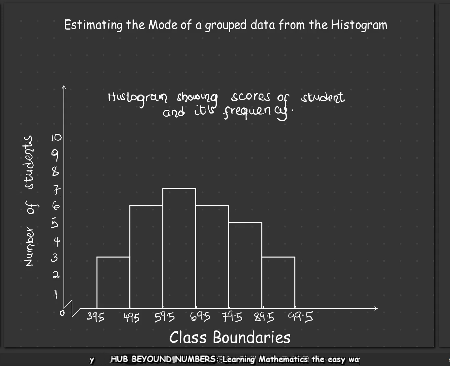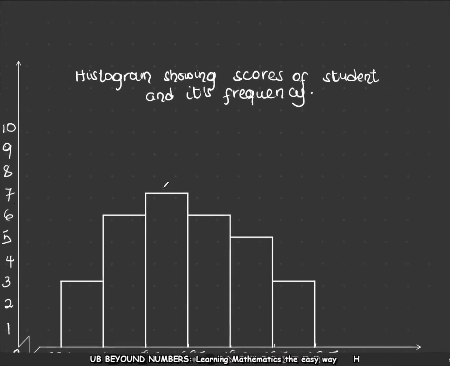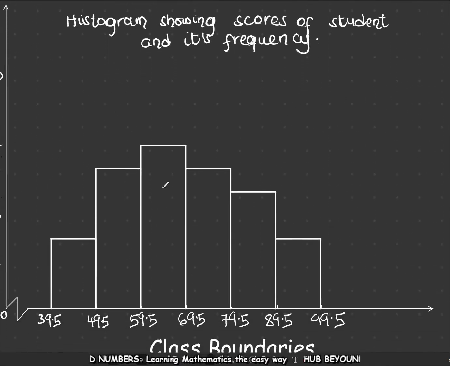We want the mode itself. After getting the modal class, just by looking at the class with the highest frequency, to get our mode, what we do is, let me zoom so that I can really take a look at what I'm doing. I have identified my modal class. This is my class over here. I'm going to draw a straight line from the vertex of my modal class, that is here, and join it down here.